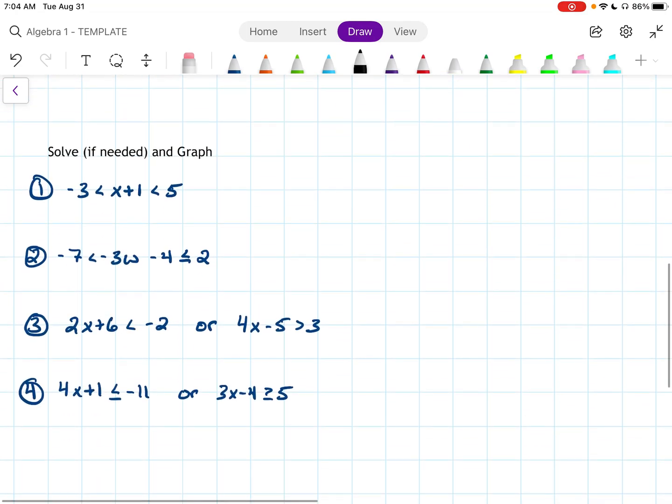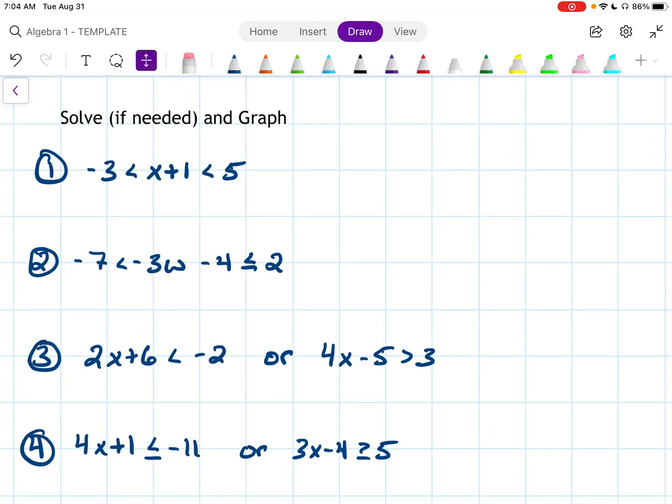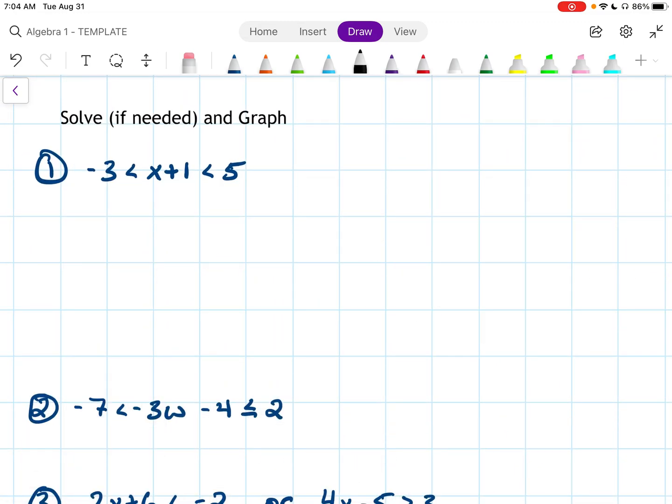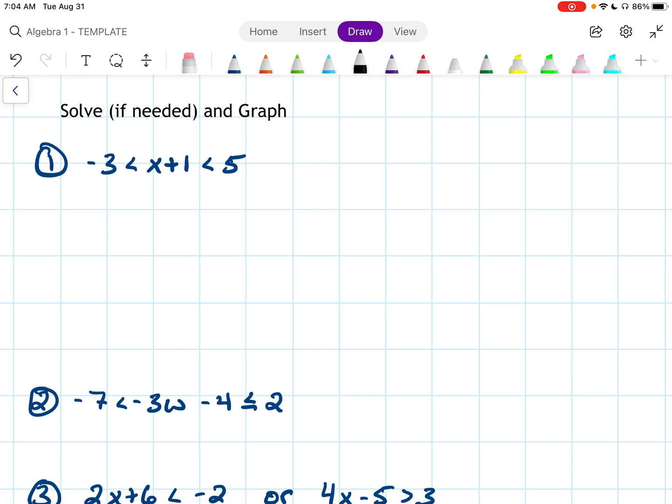So let's do some more examples. Now I say solve if needed. All of these we're going to have to solve. Number 1 here. We're going to have to solve the x plus 1. We're going to have to subtract 1. Now, because we have two different inequality symbols, we're going to have to actually do this 3 separate times.